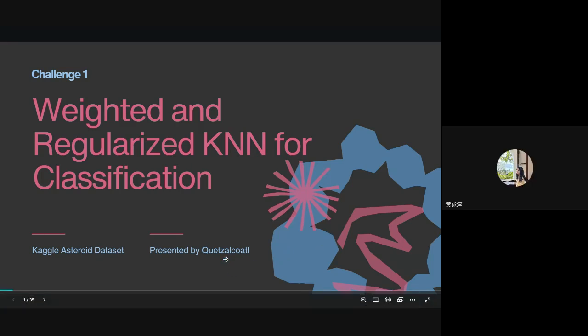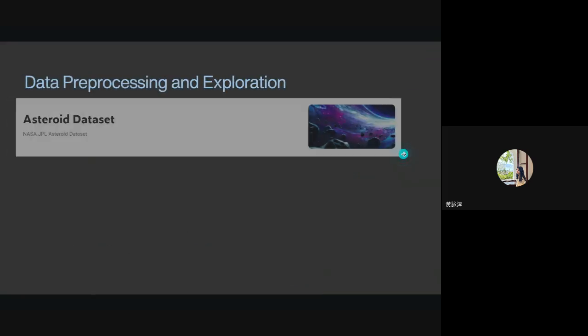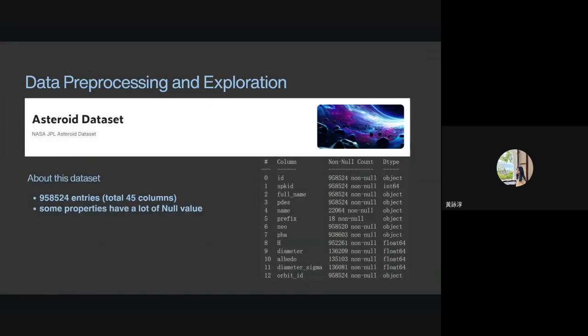Okay, so this is Joyce from Group Hotel, and today we will be discussing our project on asteroid classification using the K-nearest neighbor algorithm, KNN. The objective of this project is to classify the class of asteroids based on their features using the KNN algorithm.